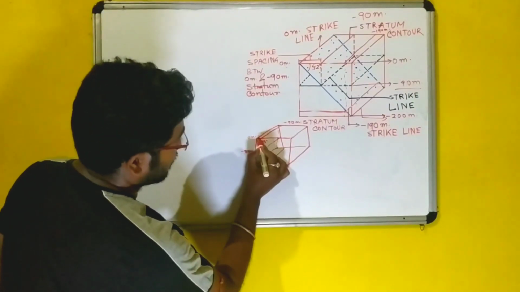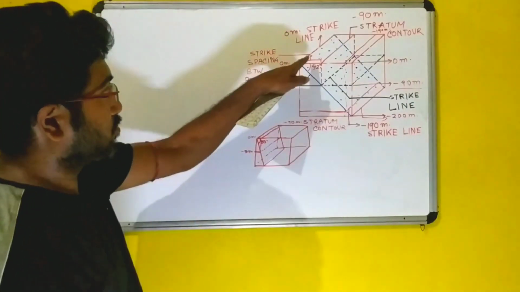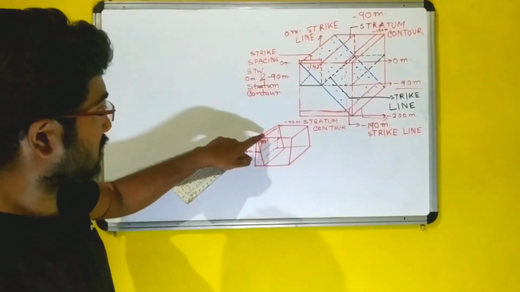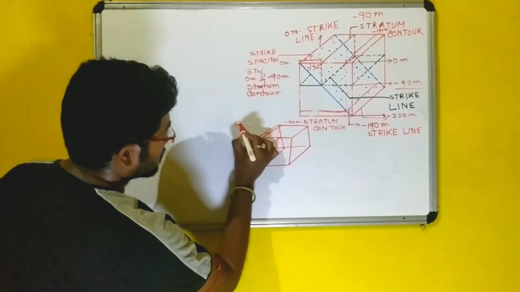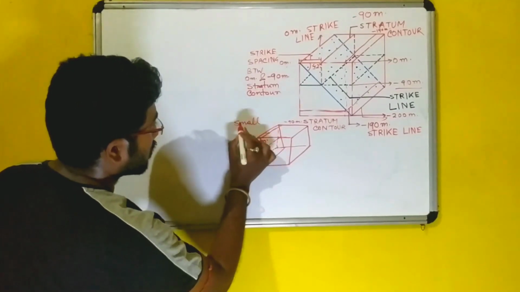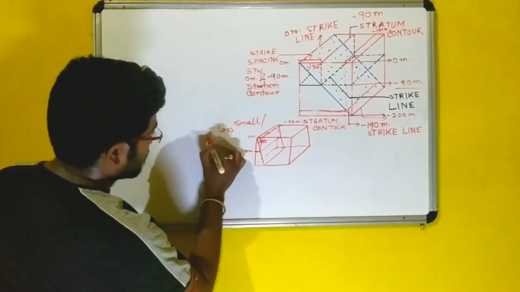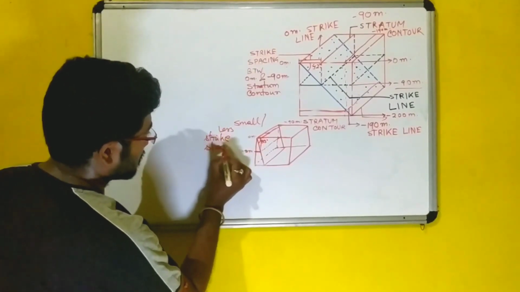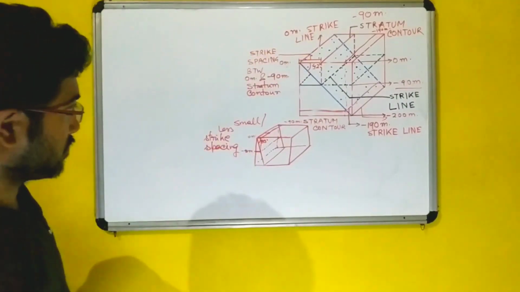You see the spacing. Here the spacing is much more, 0 and minus 90, and 0 and minus 90. Here the spacing is small or less strike spacing. Here strike spacing is larger.